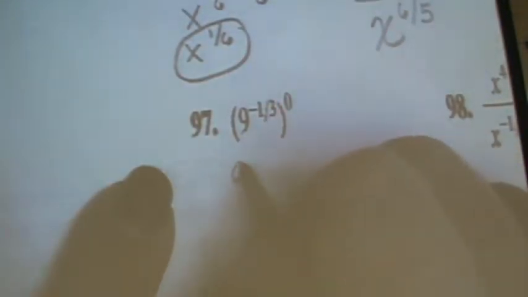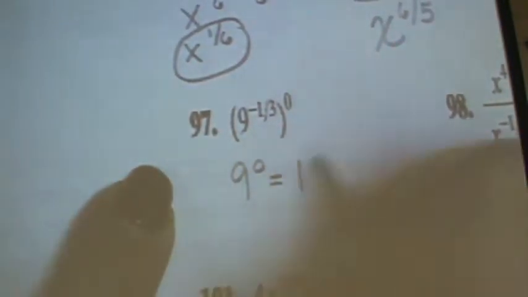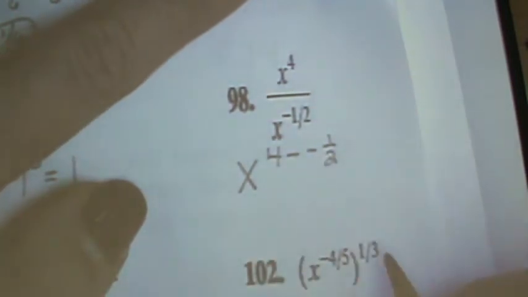Multiply these two. Subtract. So you have 4 minus -1/2. So this is going to be 4.5. And 4.5 is 9/2.